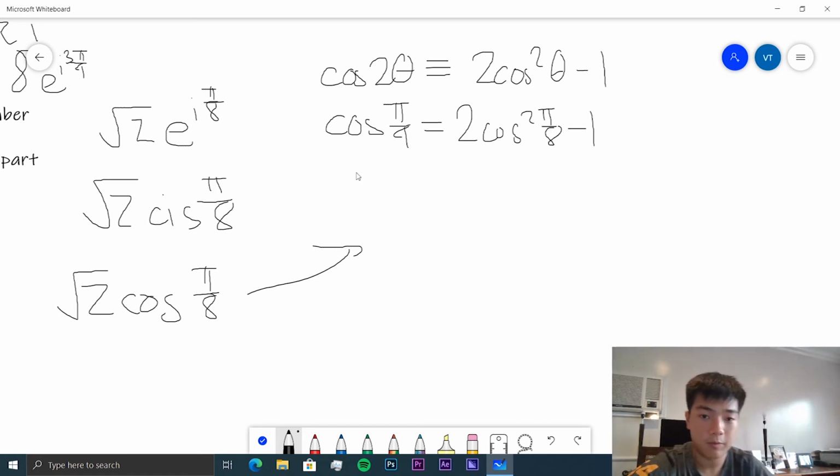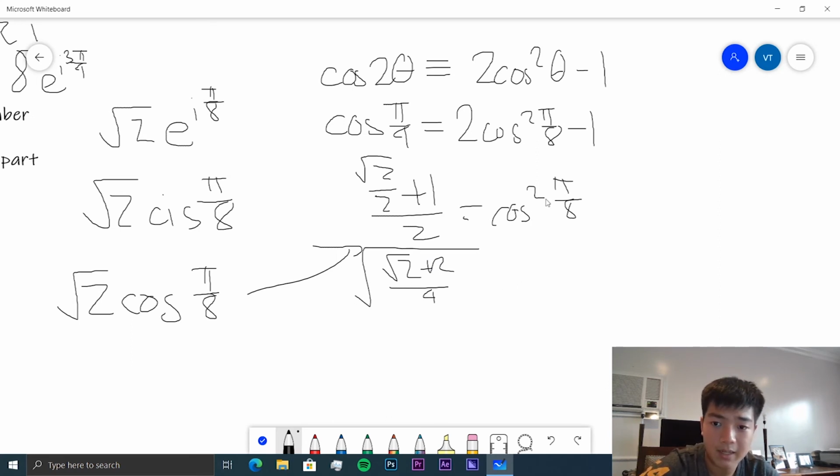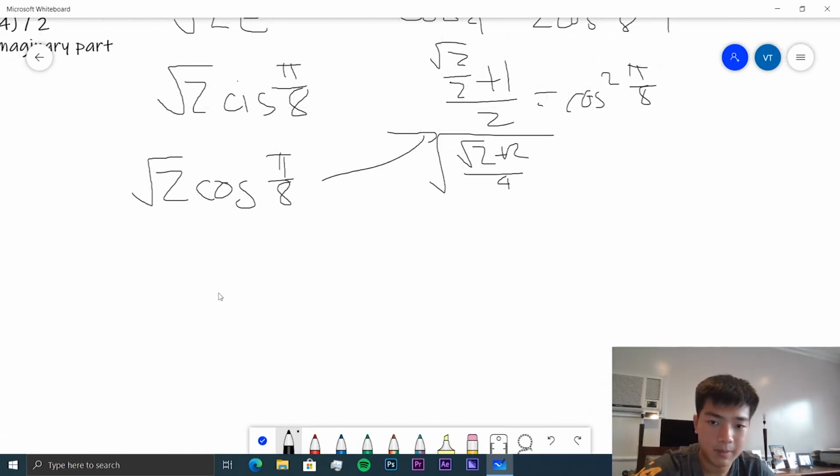Cosine pi over 4 is root 2 over 2. So root 2 over 2 plus 1 divided by 2 is equal to cosine squared pi over 8. Let's see if we can simplify this a little. This is root 2 plus 2 over 4. And so we can square root all of that to get cosine pi over 8. And so we can multiply this by root 2. So we have the square root of 2 root 2 plus 4 over 4.